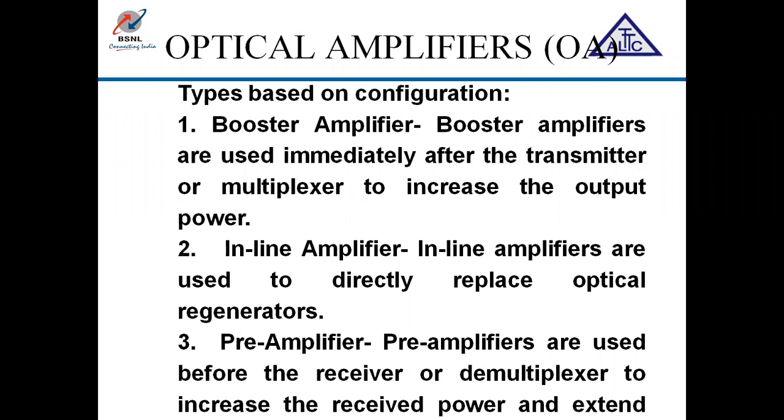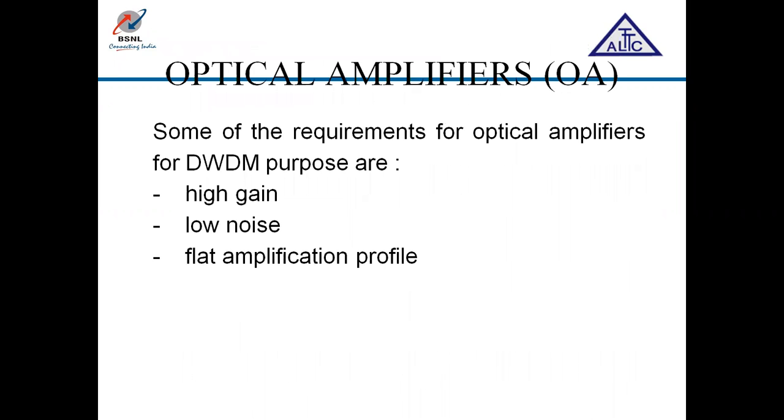So three types of optical amplifiers: booster amplifier BA, line amplifier LA, and pre-amplifier PA. Requirements for these optical amplifiers in DWDM systems are high gain, low noise, and flat amplification profile.